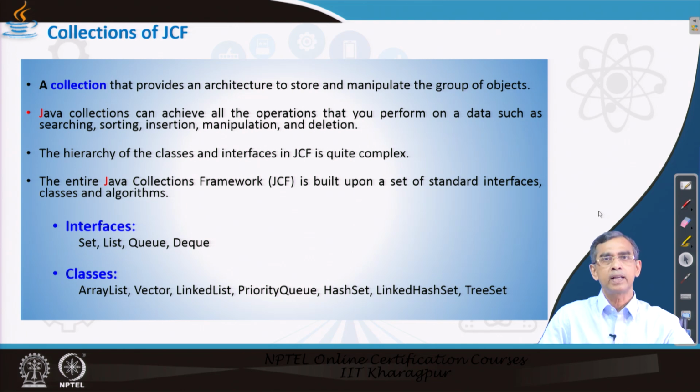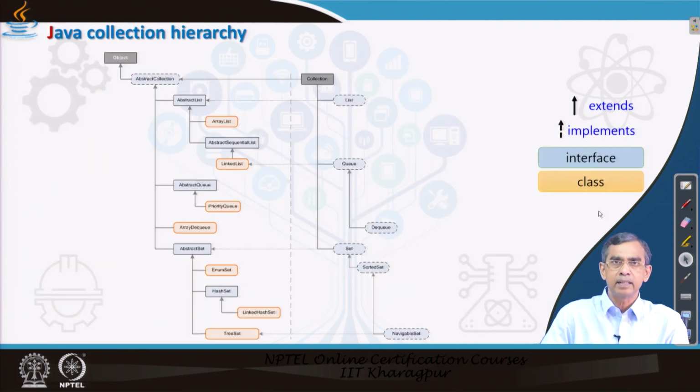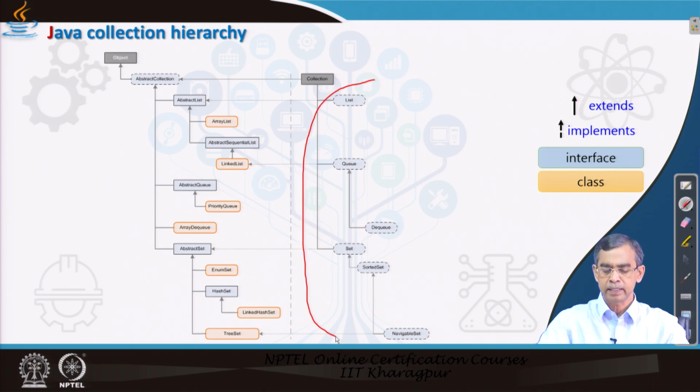Now, the overall story is very complicated, and there is a certain class hierarchy, a taxonomy of classes, which the Java collection framework follows. As we see in this figure, there are a lot of interfaces represented by this kind of relationship among them.